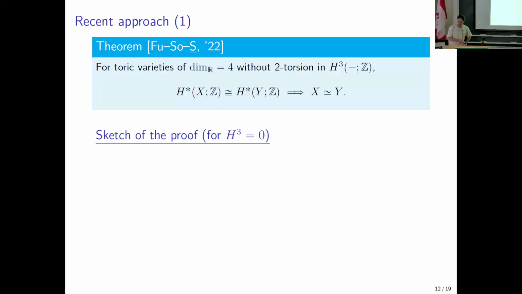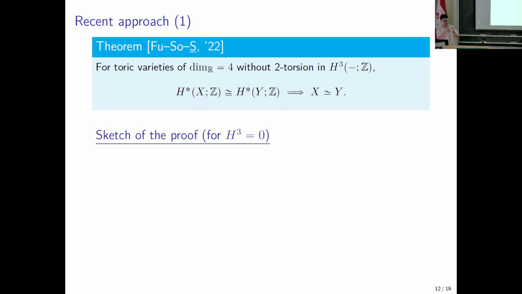So I want to introduce some of my contribution in this direction. Okay, let's try to think about the easiest, lowest dimension we can think of. In one dimension, there's nothing other than just a sphere for the case of a projective toric variety.